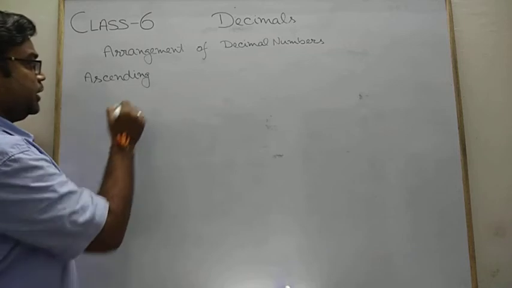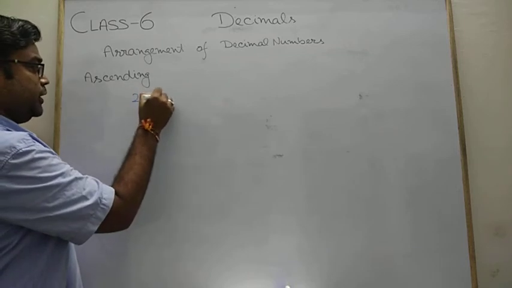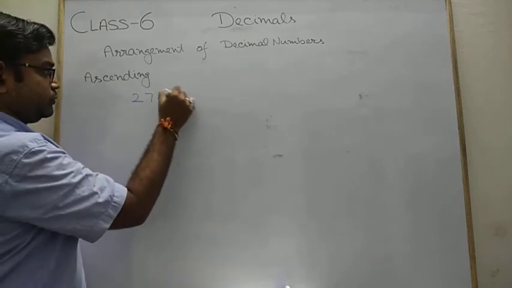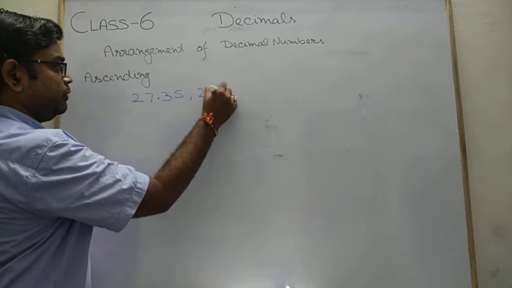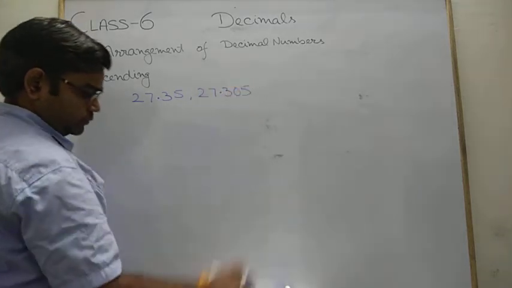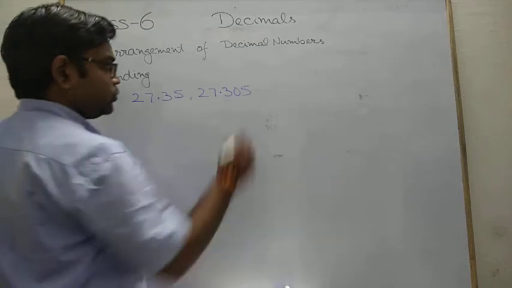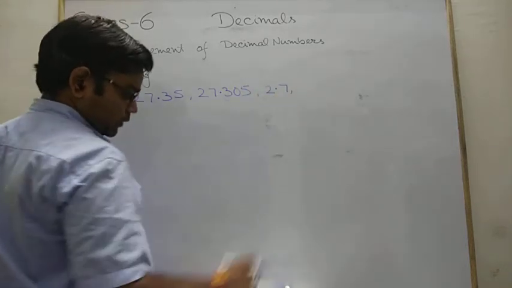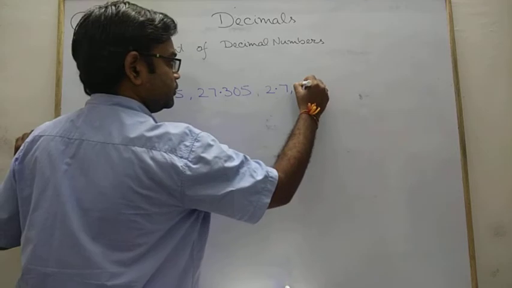The question says to arrange them in ascending order: 27.35, 27.305, 2.7 and 2.543.